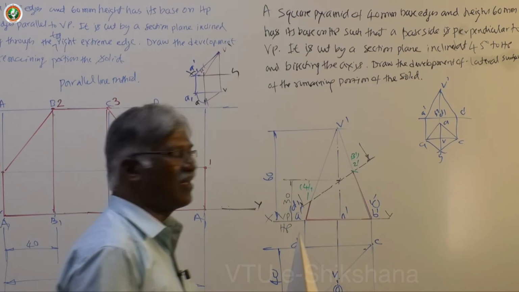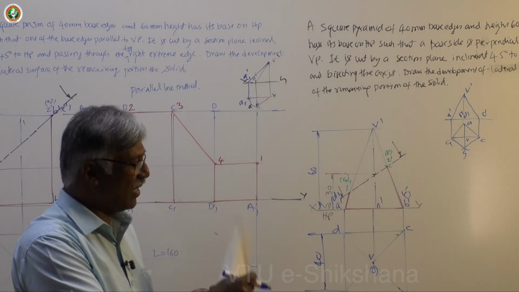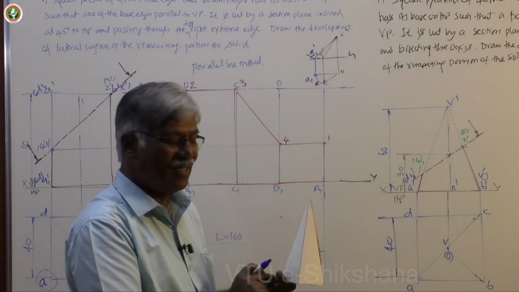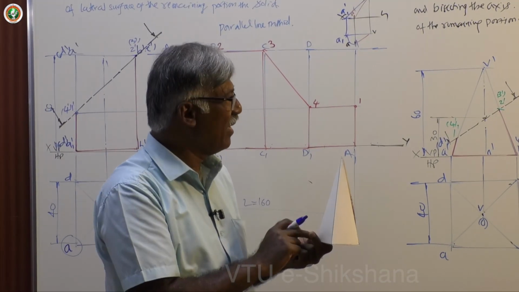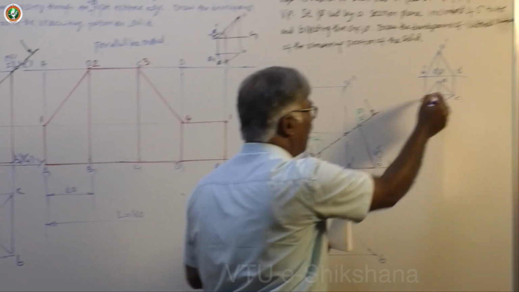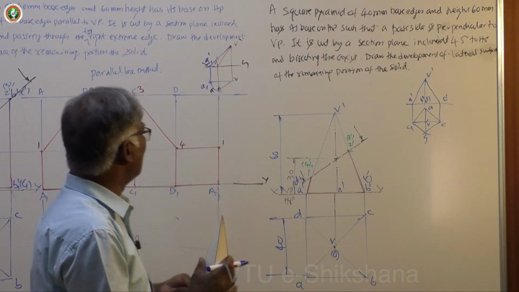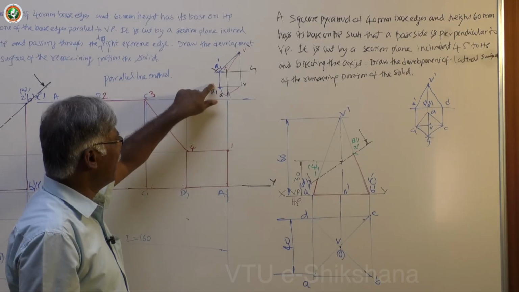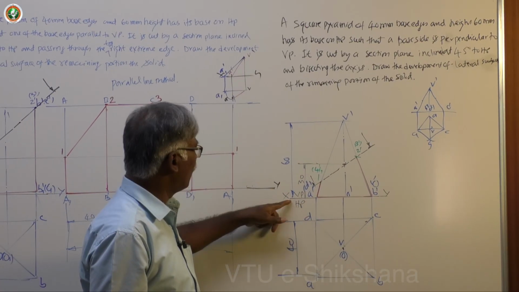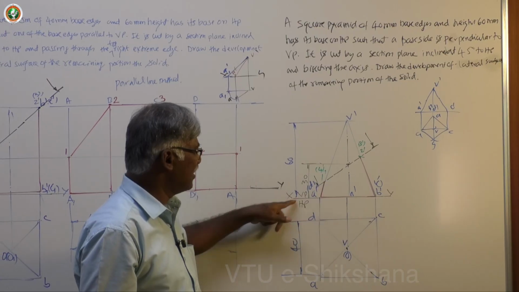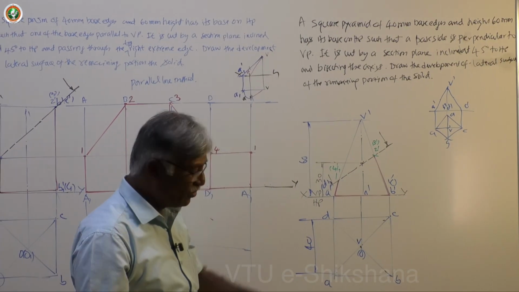Now let us check whether the true length is available or not. See, this particular line and this line on either side, VC and VA, both are parallel to XY. Definitely the corresponding front views are true length. That is what I did. I made it parallel and then projected onto the locus of the moving end. That moving end is A, fixed end is V here. I get true length. So the same thing we have to follow here.